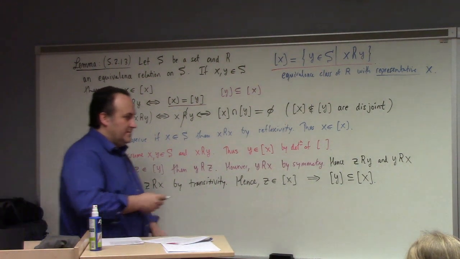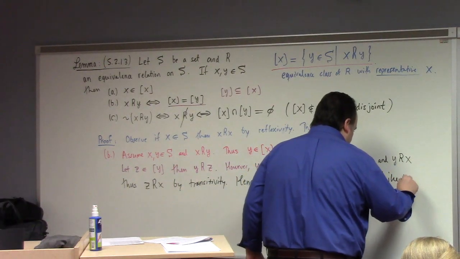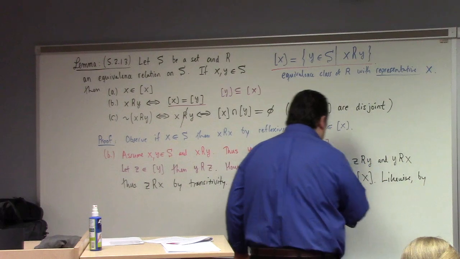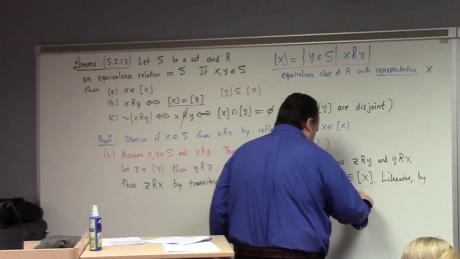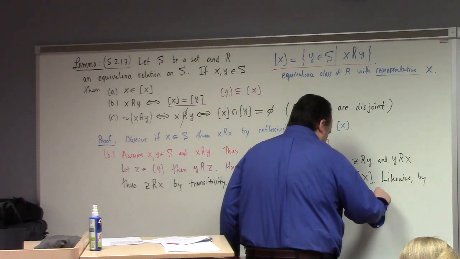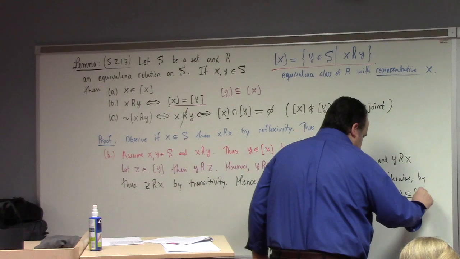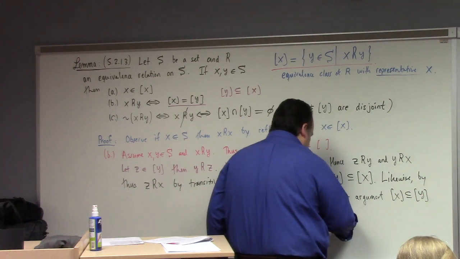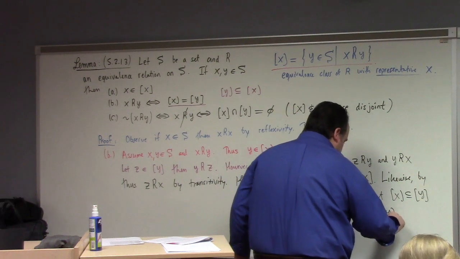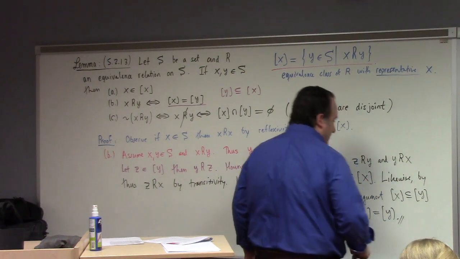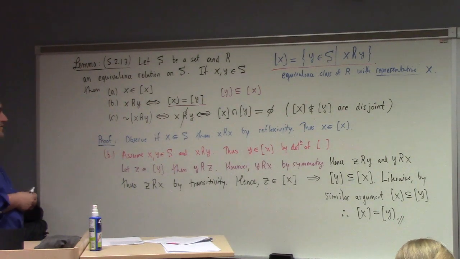So I will just say likewise, by a similar argument, the equivalence class containing x is a subset of the equivalence class containing y. Therefore, the equivalence class containing x is equal to the equivalence class containing y by double containment, right? Are we done proving B?